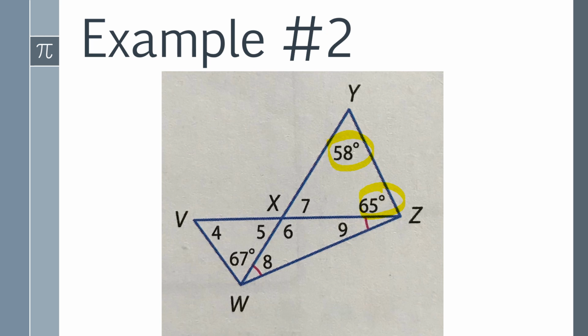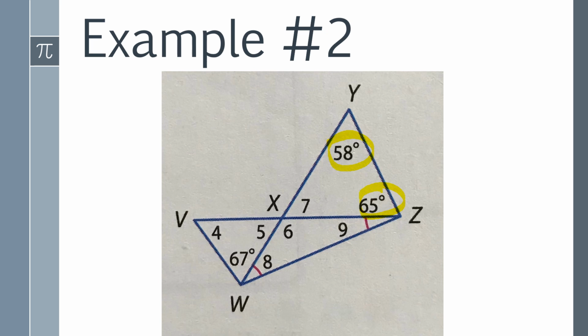So I can use triangle angle sum theorem and my good old fancy calculator here to come up with my measurement, right? So I've got 65 plus 58, and that gives me 123.